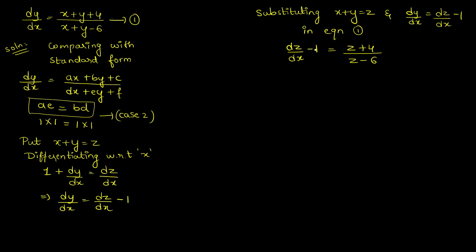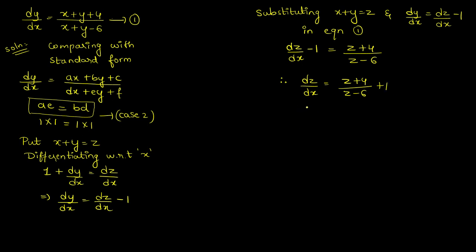Before that, since you have minus 1 here, take minus 1 to the other side. So dz by dx will be equal to z plus 4 divided by z minus 6, plus 1 on the other side.